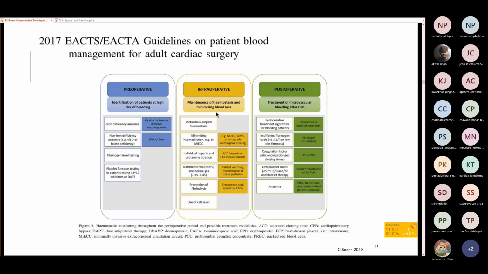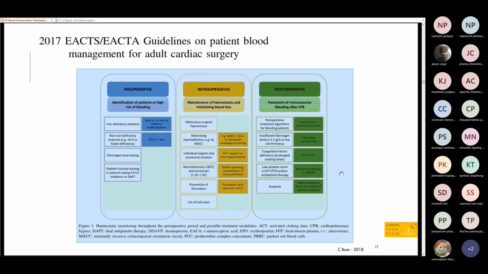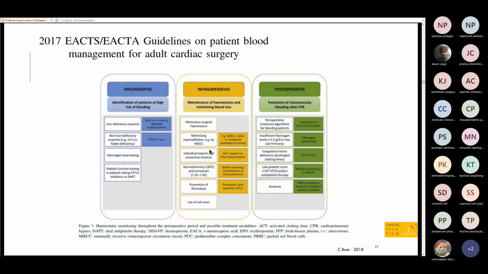In the intraoperative phase, that is our direct role and direct responsibility in the procedure. Firstly, some recommend using MiECC, or minimal circuit CPB. We're going to talk about that tomorrow, because if we make the circuit short, it's going to help minimize hemodilution.